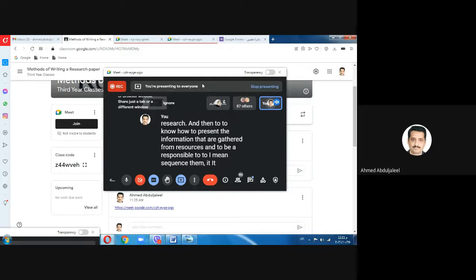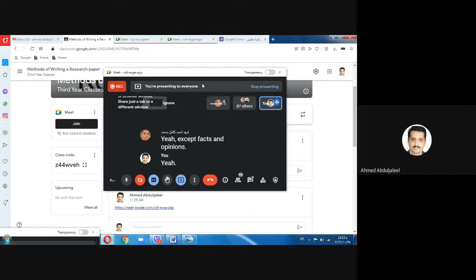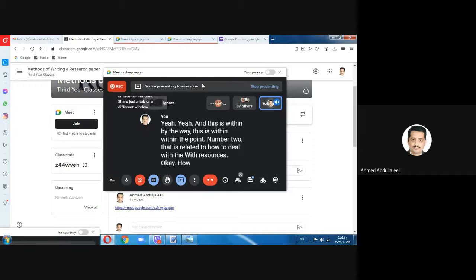It tells you how to get information rather than just receiving it from the teacher. It trains you how to go deeper, to accept facts and opinions. This is within point number 2, related to how to deal with resources, how to select and how to reason about this information.